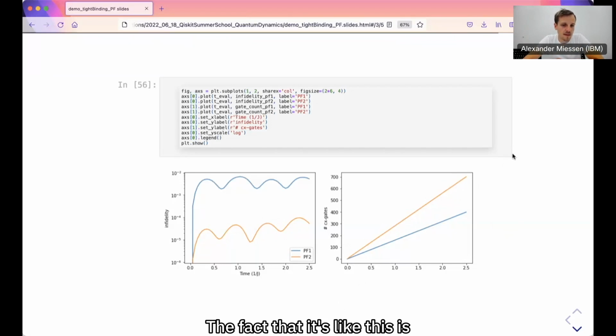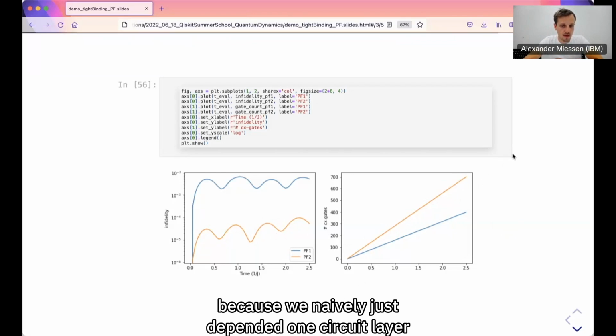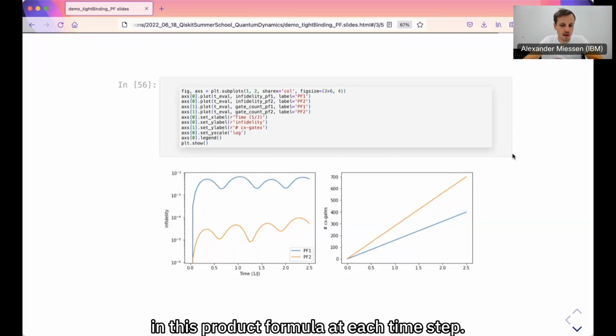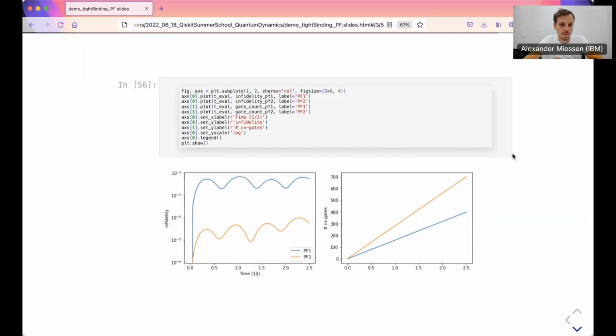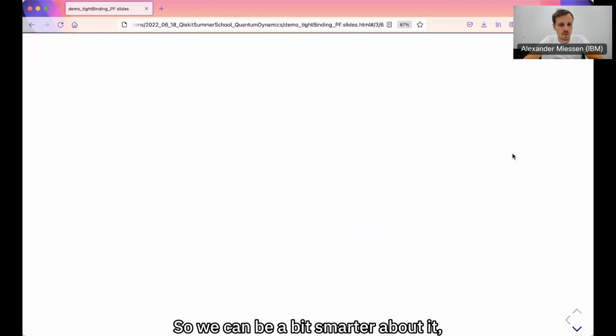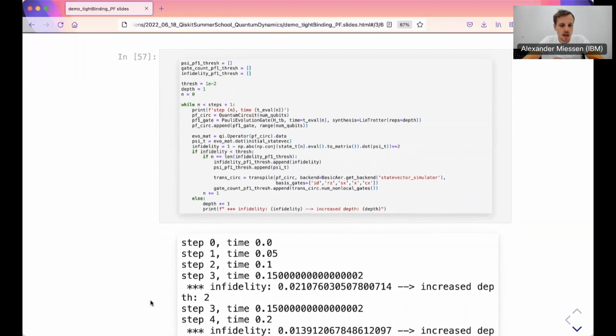The fact that it's like this is because we naively just appended one circuit layer in this product formula at each time step. So we can be a bit smarter about it, which I'll show you now.